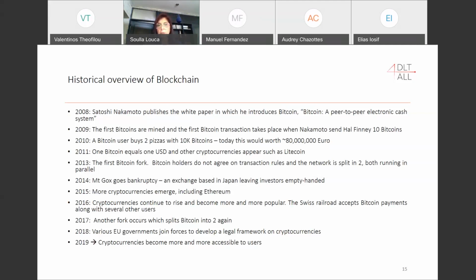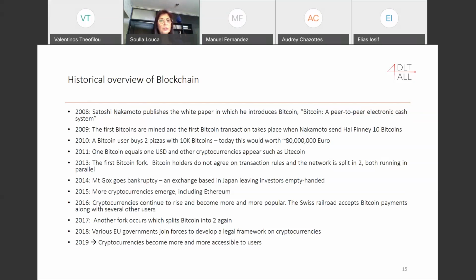2016, cryptocurrencies continued to rise and become more and more popular. And various organizations around the world start accepting Bitcoins. The Swiss Railroad accepts Bitcoin payments along with several other ones.